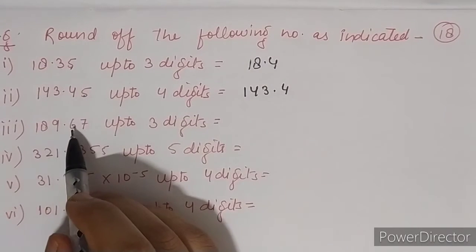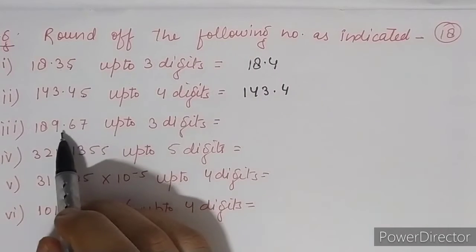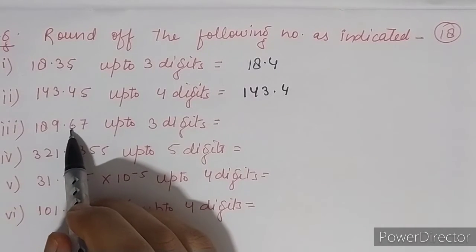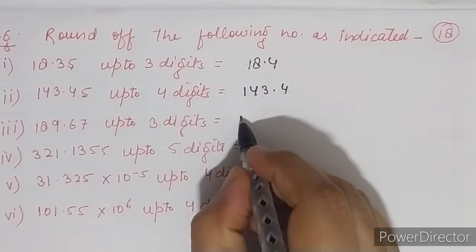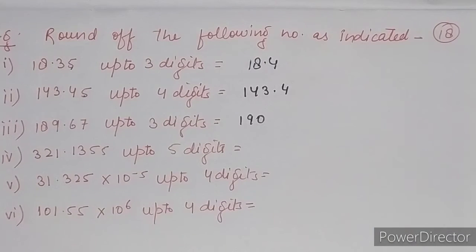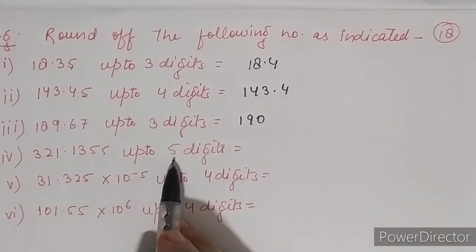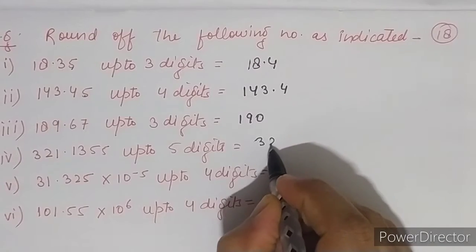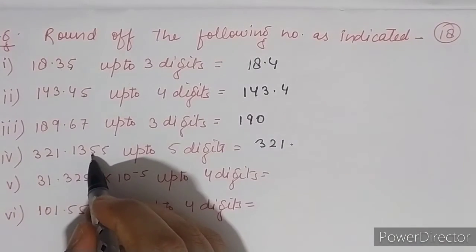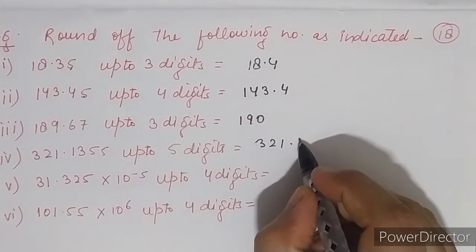It will be up to 3 digits only, so it will be more than 5, so it will be 190. This is up to 5 digits, so 321 as it is, and this is 5 and the digit before is odd, so it will be 321.14.